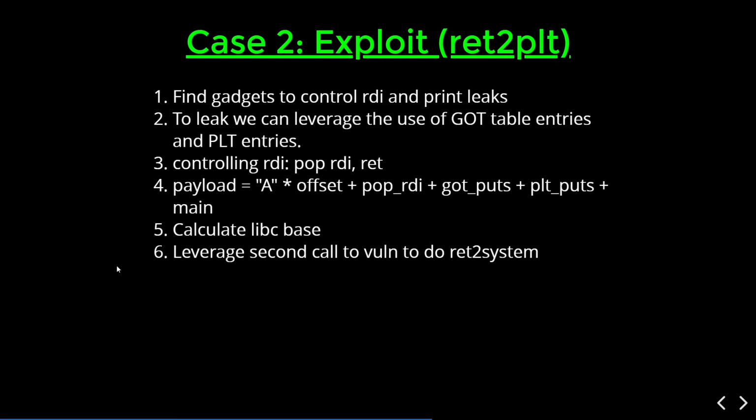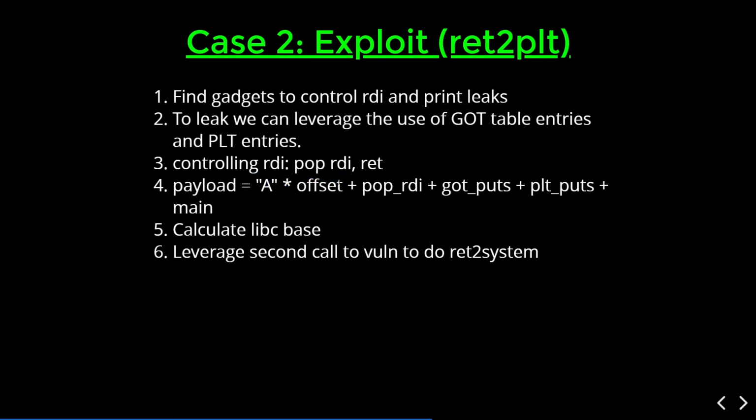Using the PLT table, we can jump to any function that is used in the program. The program used puts and gets, so we can jump to either of those functions. We want to use puts because we want to print out the address values so that we can use them in the program to calculate the libc's base. So that's what we did.